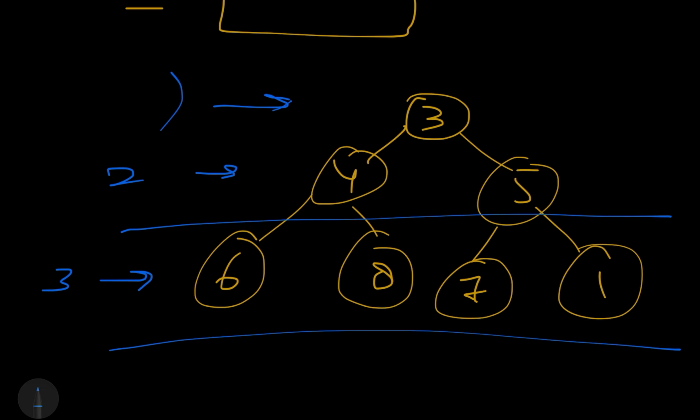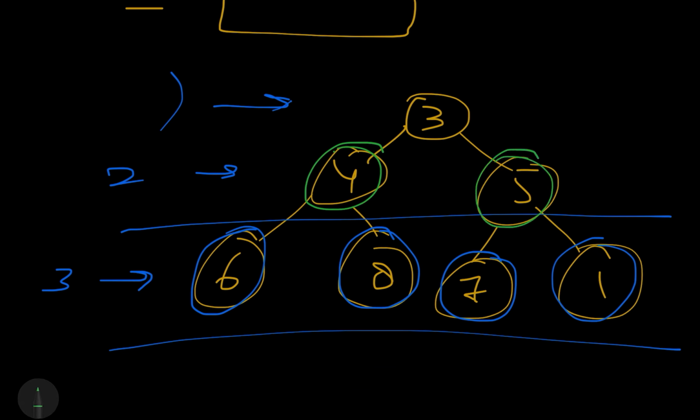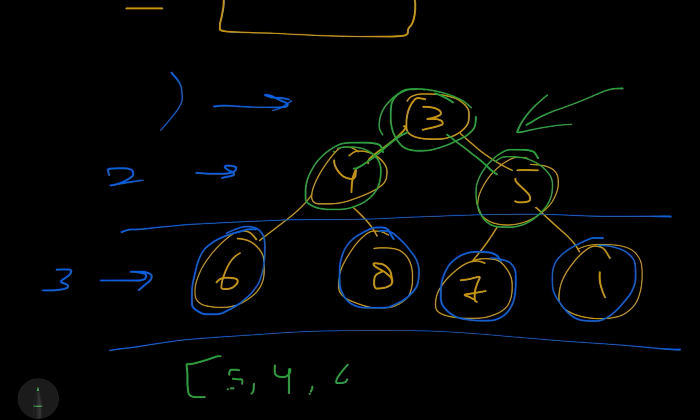So here, these would be our deepest nodes. And this would be the parent. But we have to return a subtree, so we have to go to this parent also. In this case, we'll return this entire tree, which is 3, 4, 6, 8, 5, 7, 1.